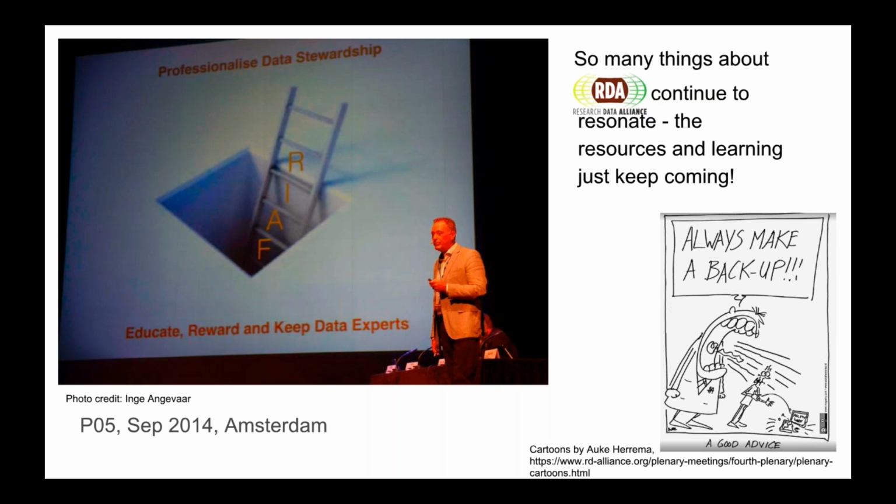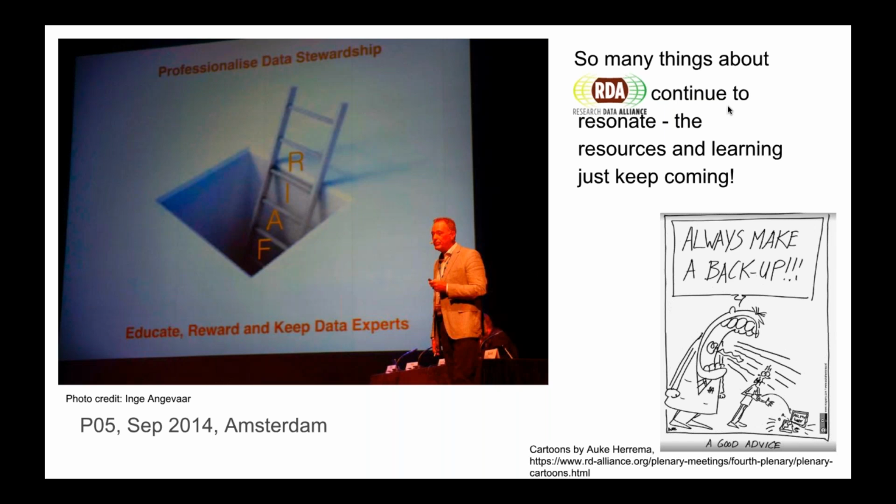And one of the other things about RDA is that they had, and they continue to have, a really strong ethos around supporting early careerists, whether you're an early career librarian or early career researcher. There are always groups, at least one or two events at every RDA plenary dedicated to helping you get going and providing the resources that you need.